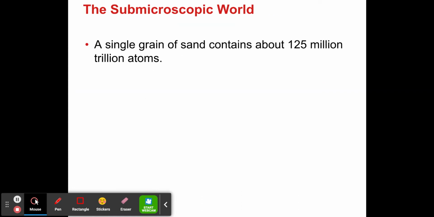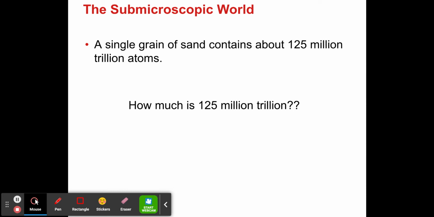A single grain of sand contains about 25 million trillion atoms. Can you imagine that? Imagine how small a grain of sand is. But they tell you that this grain of sand contains about 25 million trillion atoms. It's amazing. That's to tell you how small an atom is.